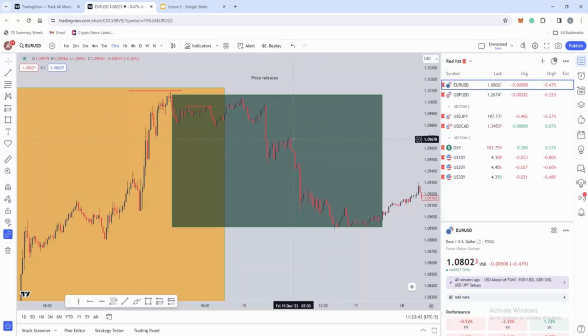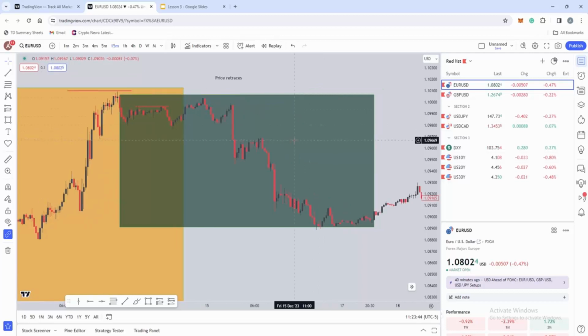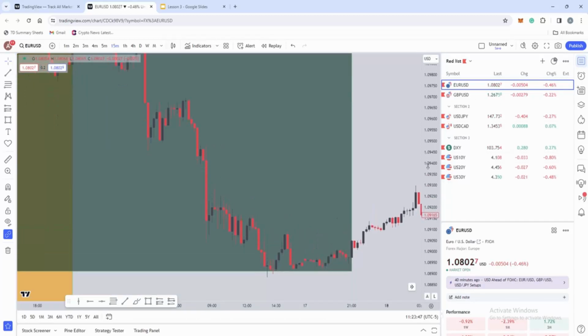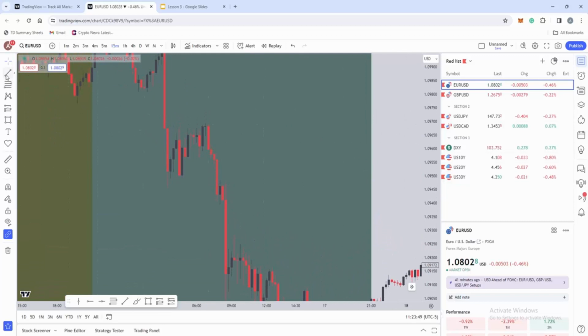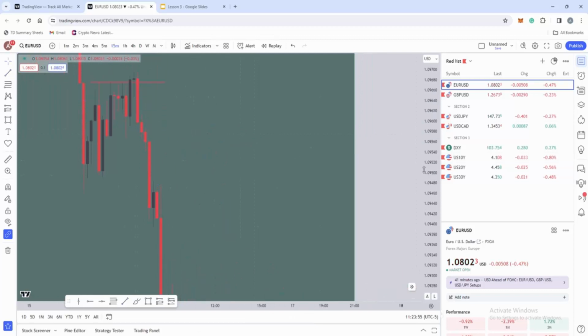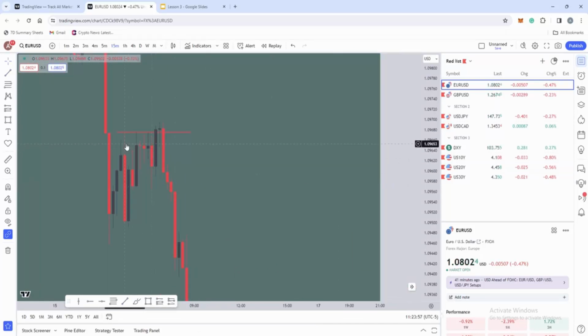And then price again, what happens if you look closely on this consolidation, before price delivered prices lower, it took out the buy side liquidity here. So as you see, all of these candles high are at the same point, so that's where the liquidity is. But eventually price just went up like this, taking out the buy side before crashing.